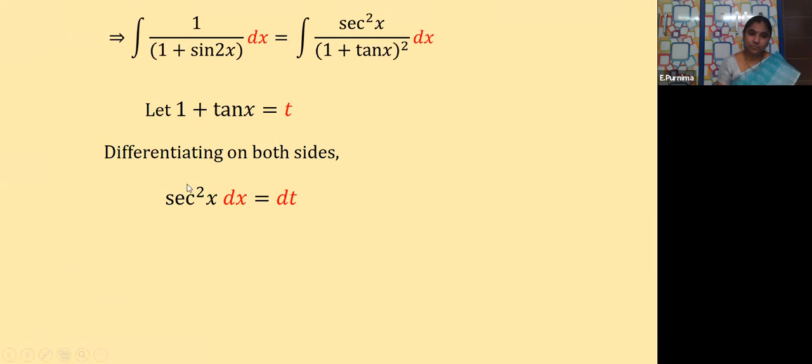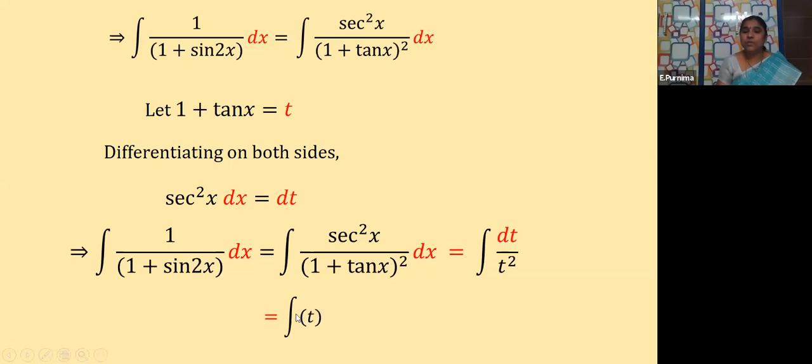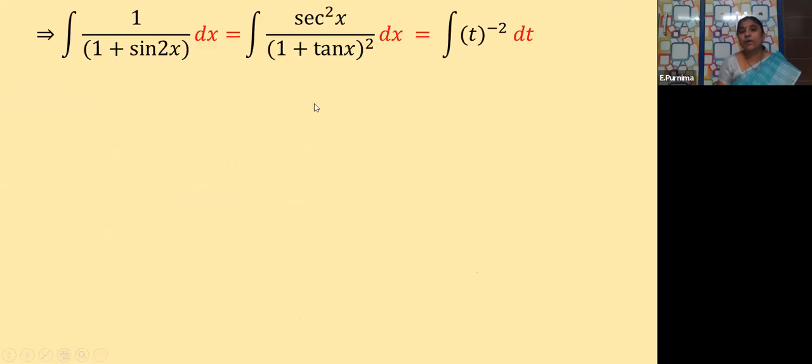So integral of 1 by 1 plus sin 2x dx is equal to integral of secant square x dx by (1 plus tan x) whole square, which is dt by t square. If you send this to the numerator, it becomes t to the power of minus 2. Again, we have to apply the x to the power of n formula. So what is our x to the power of n formula? This we know already.